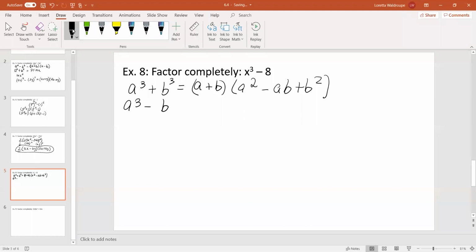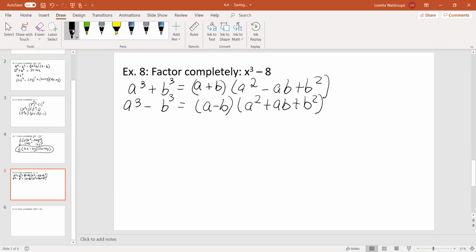A cubed minus b cubed will break down into a minus b, and then a squared plus ab plus b squared. You can see the formulas are the same. They just flip-flop the 2 signs.